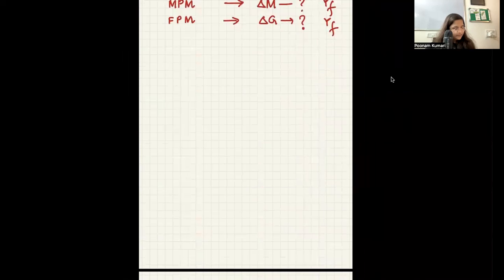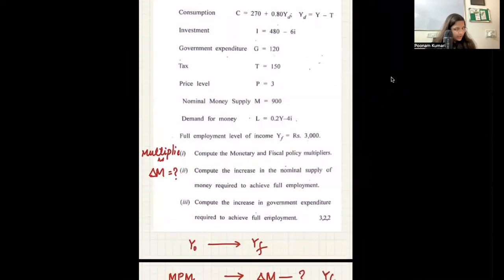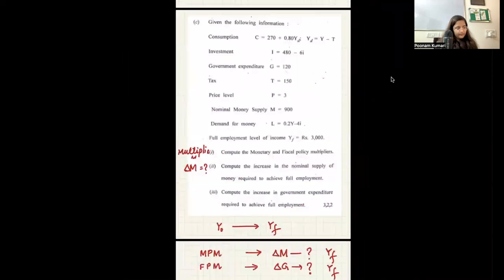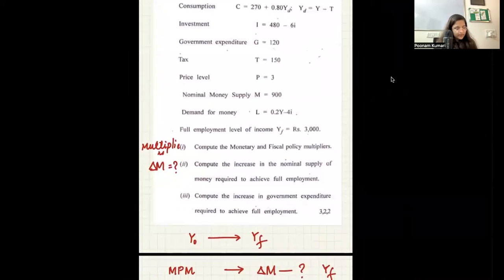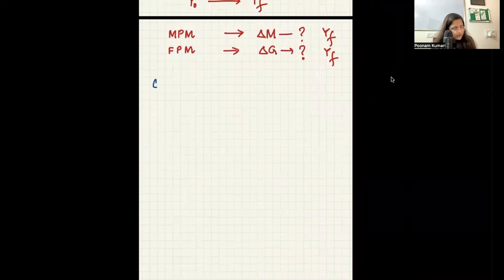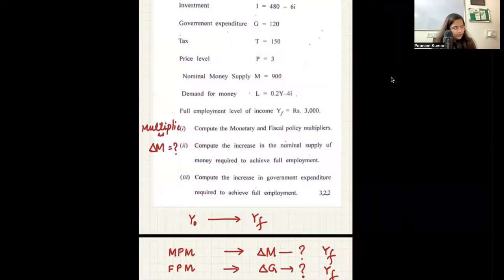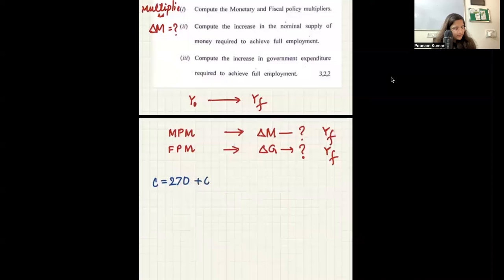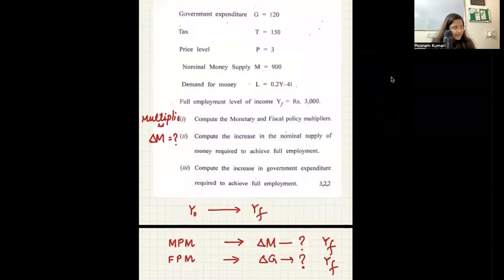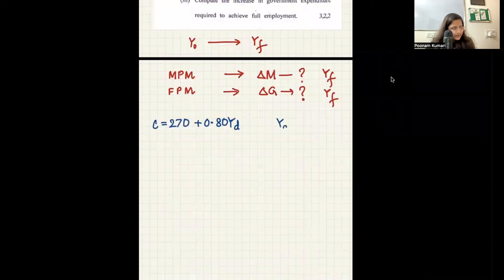So here, let me see. C is 270 plus 0.80 YD. So this is your consumption function, and YD is Y minus T. Y is your income, T is taxes, and YD is your disposable income. Okay.